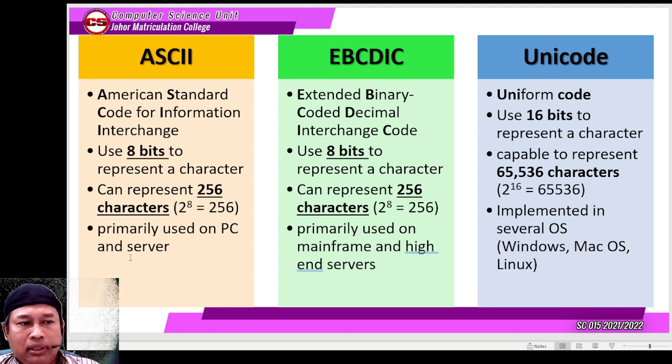And then number 3 is Unicode. Unicode uses 16 bits to represent a character, capable of representing 65,536 characters, 2 to the power of 16. So why is Unicode used in your computers? Because now everyone in the world uses computers.